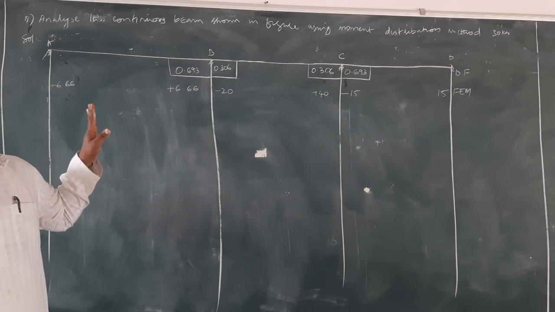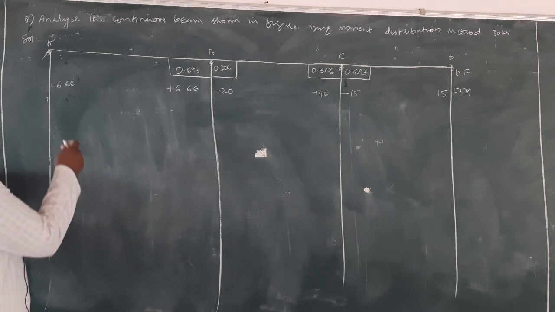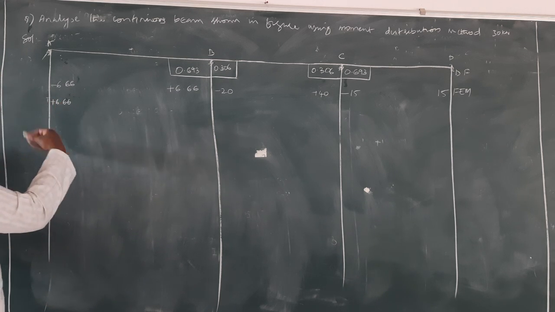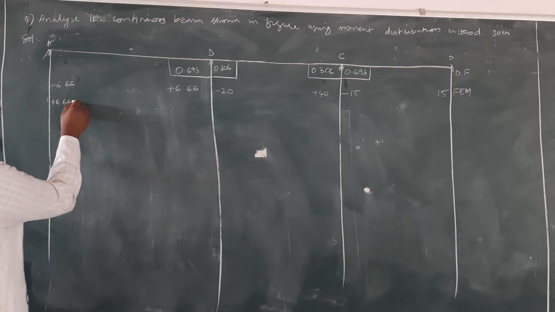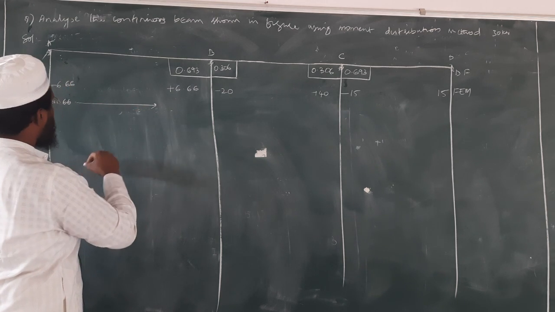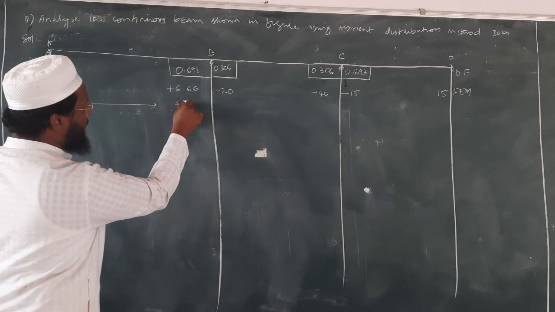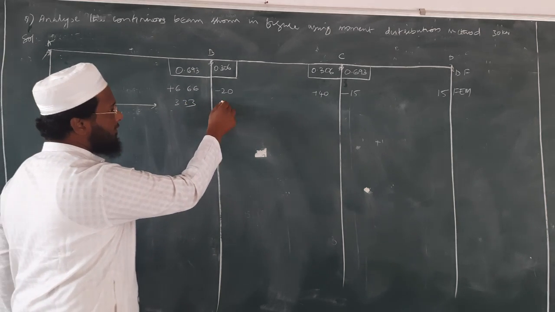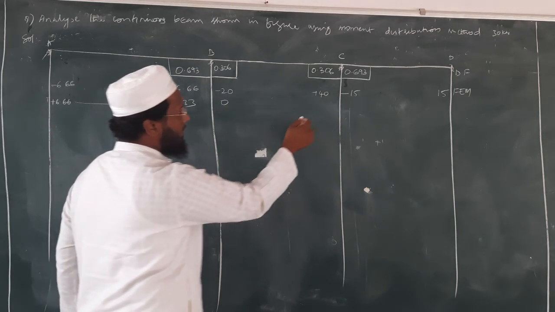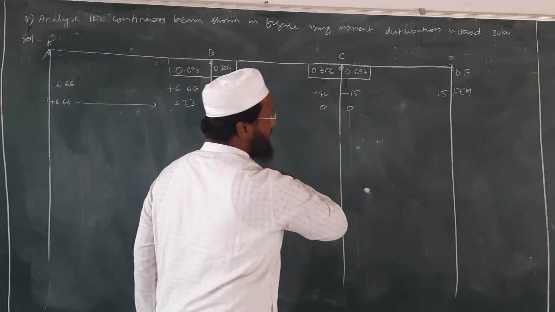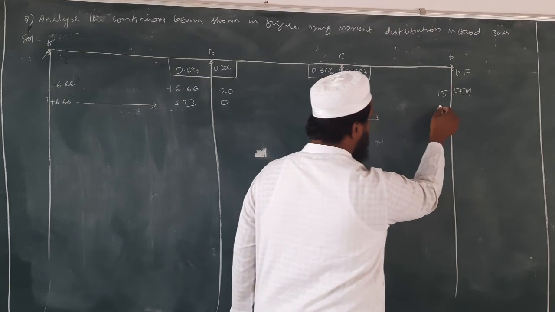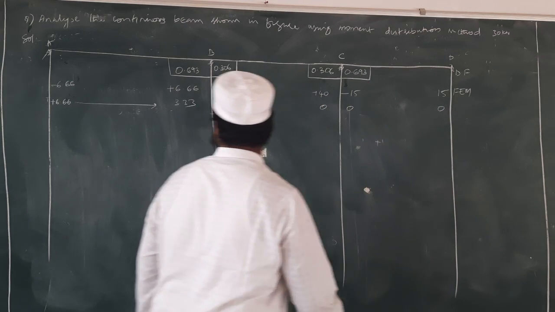So what I will do now here? I will first make it 0. So plus 6.66. Since I have added moment, what I will do? 50% of this one, that is 3.33, I will add here. What about here? Shall I add here? No need of adding over here. No need of adding here. Here also. So since it is fixed support, no need to make 0 here. Okay.